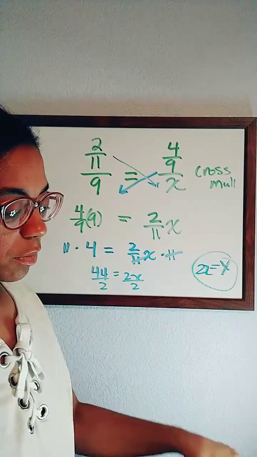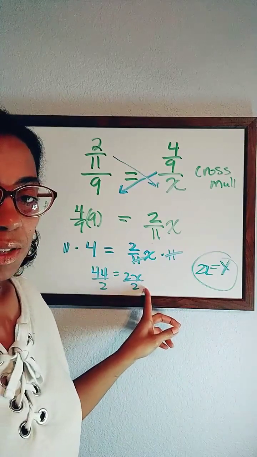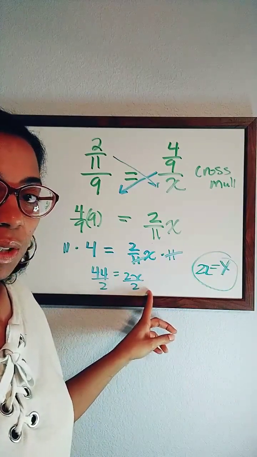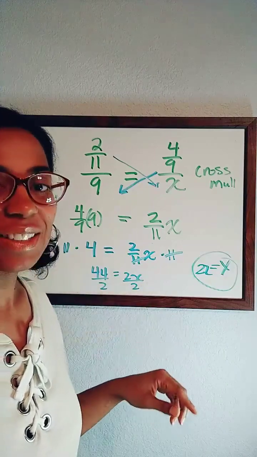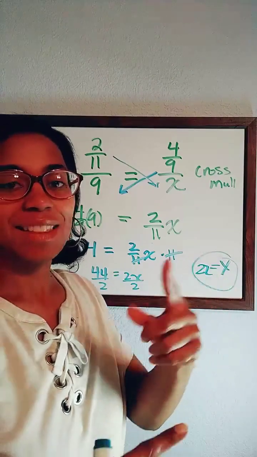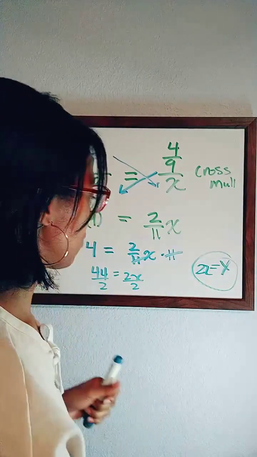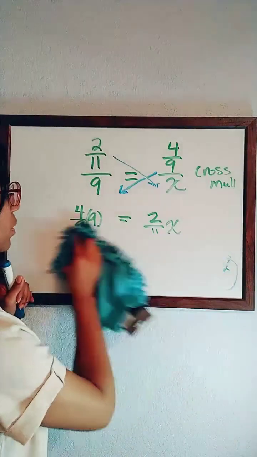But you just have to remember that whenever you multiply by 11, you're still going to have that 2 left over. You always multiply whatever's in the denominator. We just did it all at one time. That's why we went ahead and flipped it and then multiplied it. You're welcome. Perfect.